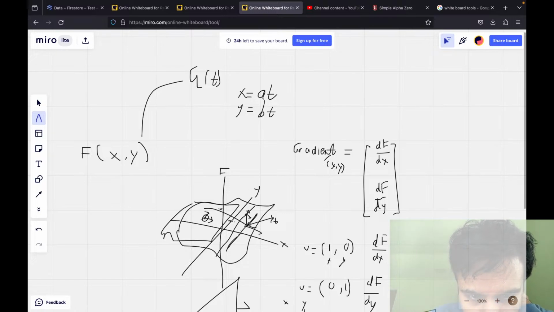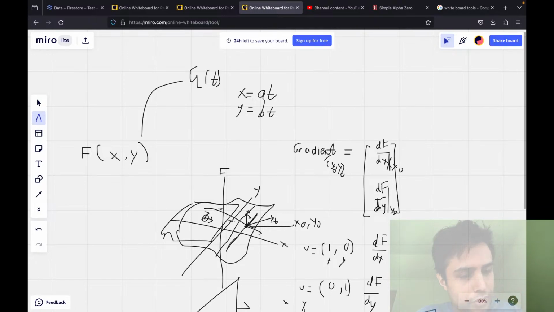Actually, let's call this point x naught, y naught. Let's specify that this is the gradient at x naught, y naught, with df dx at x naught, I think that's the notation, and df dy at y naught.